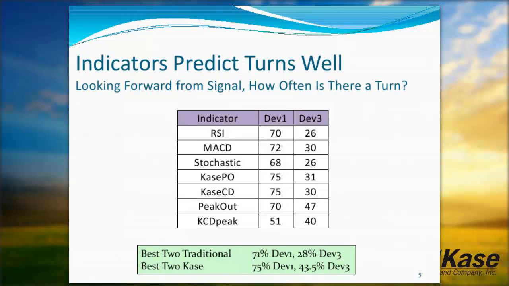And then about 30%, 40% of the time, you're going to have a turn to Dev 3. But that's not often enough to be reliable enough to say, well, if we have a bearish divergence, we should short the market. So that's one thing that I just want to keep in the back of your mind, because we're going to talk about that here in just a moment with one of the techniques that we use.